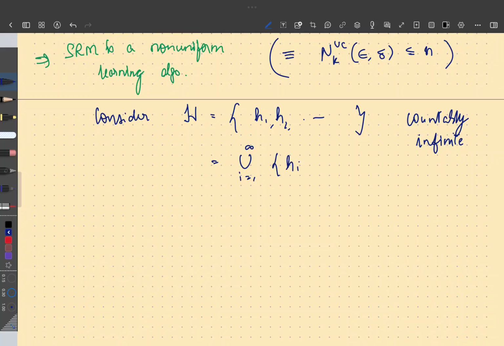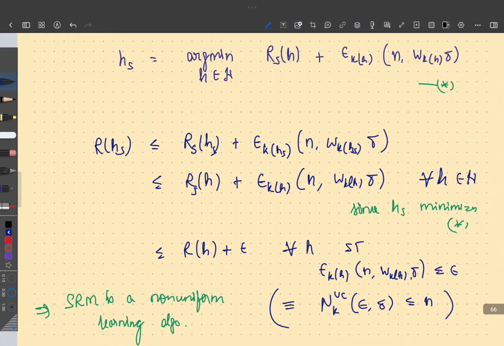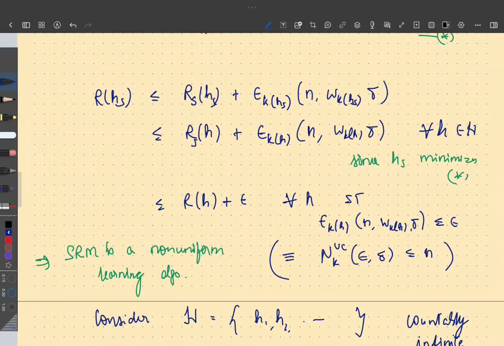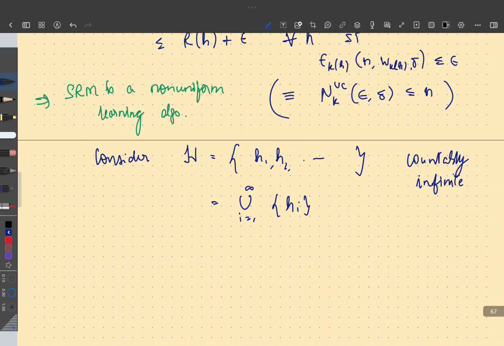The union from 1 to infinity of Hi, right? Now, if I were to try to use the generalization bound that I have over here, what is the corresponding epsilon that I would choose?